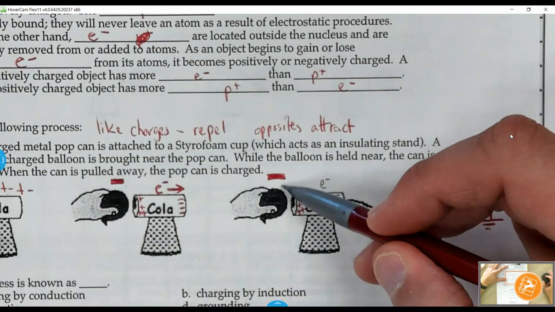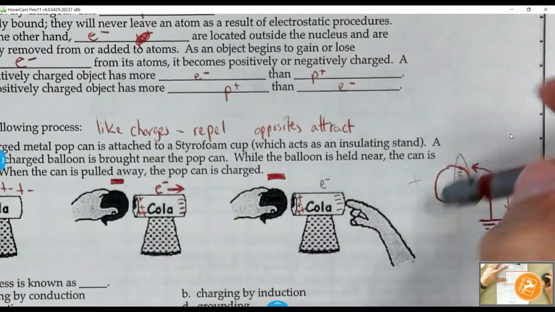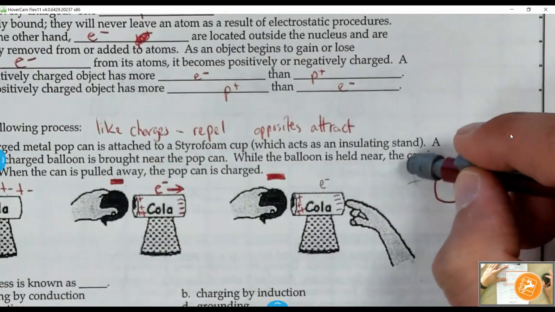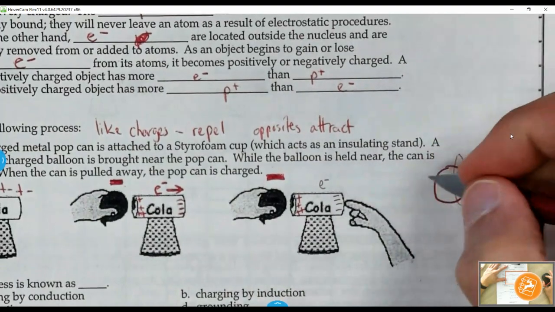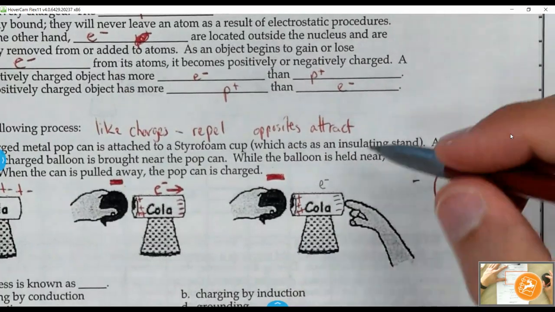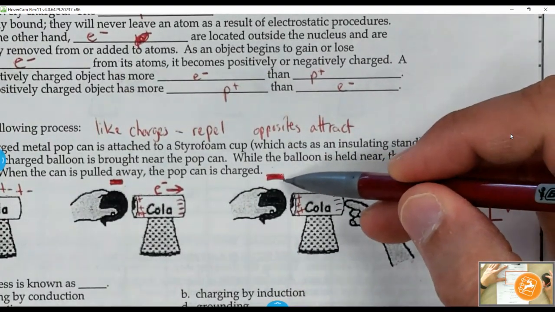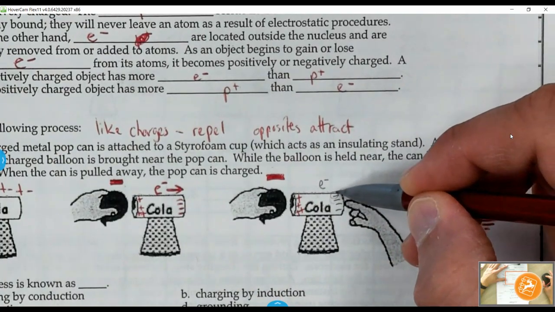Why? Because this negative charge, I'm sorry, I want to retract my statement. If this was positively charged, we'd have electrons enter. If this was negatively charged is when the electrons will want to leave. I apologize for that. So since this is a super strong negative charge, these electrons want to get as far away from this as possible.